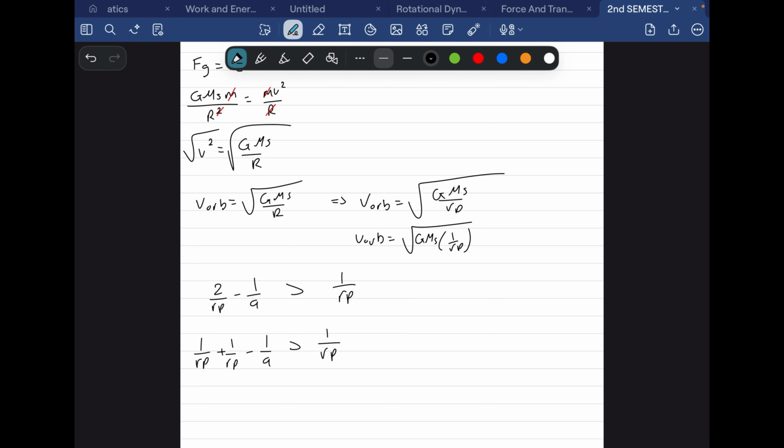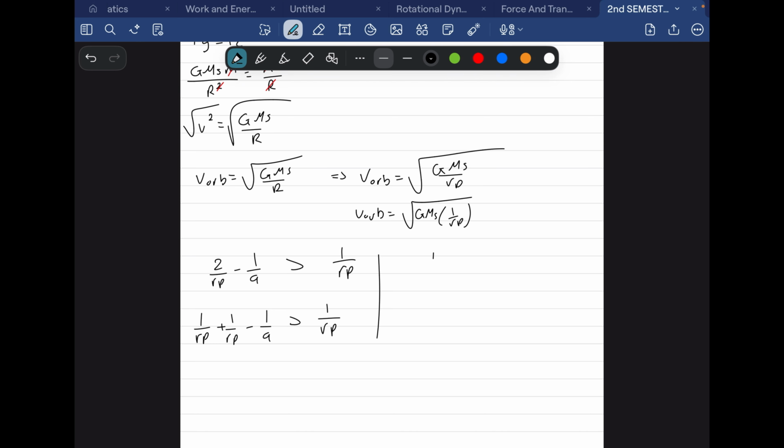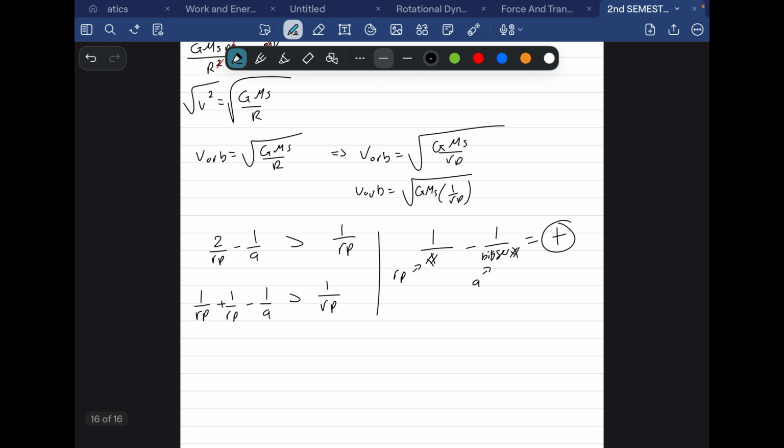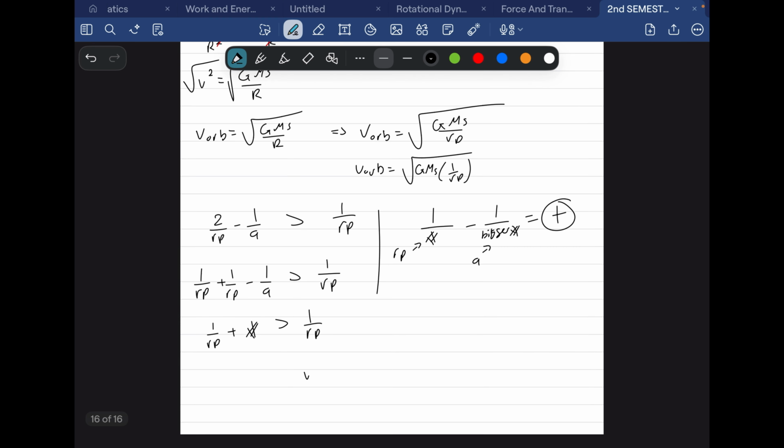So if we have 1 over a number, this is r_P, minus 1 over a, the bigger number, which is your semi-major axis, you would still get a positive number, right? So if we have 1 over r_P plus a positive number right here, it should be greater than 1 over r_P, right? So therefore we know that v ellipse is greater than v orb.